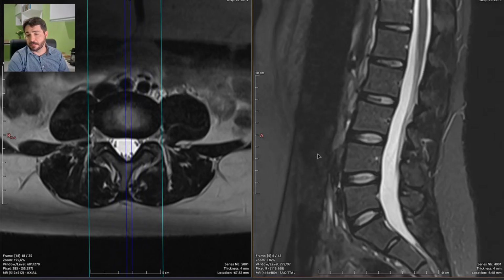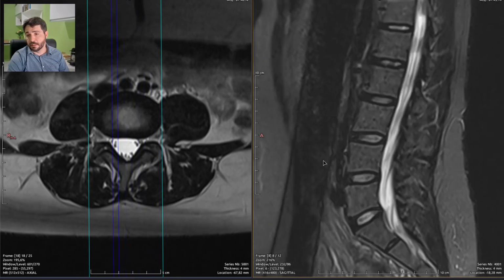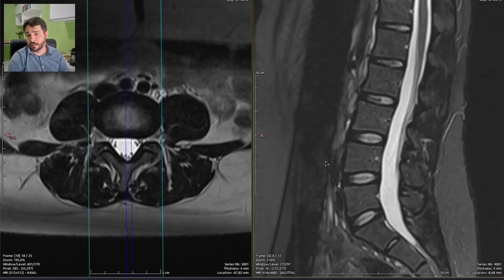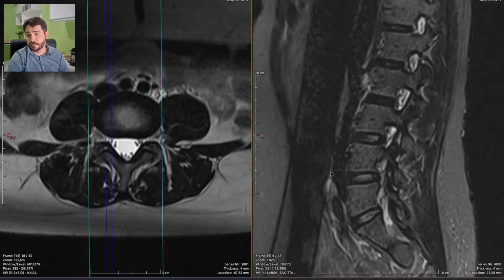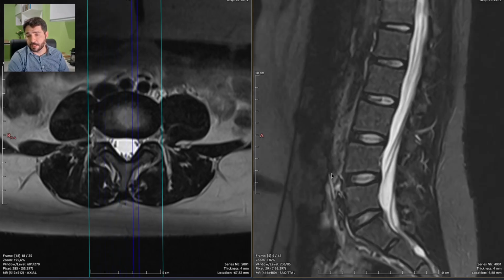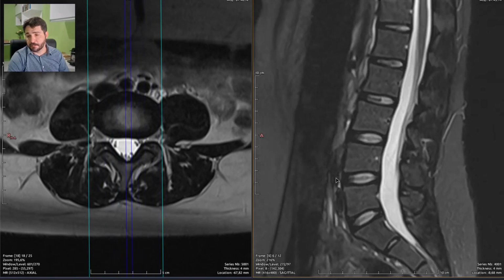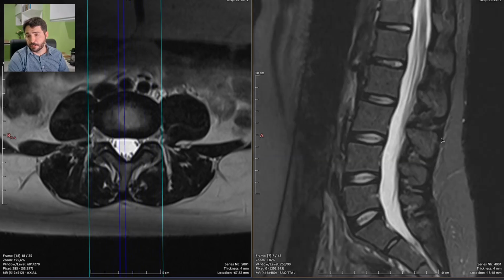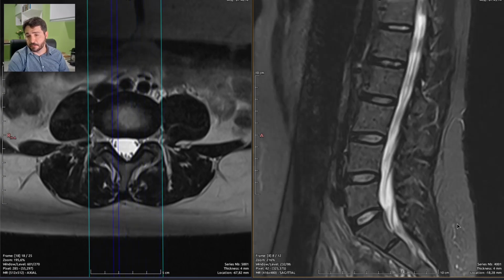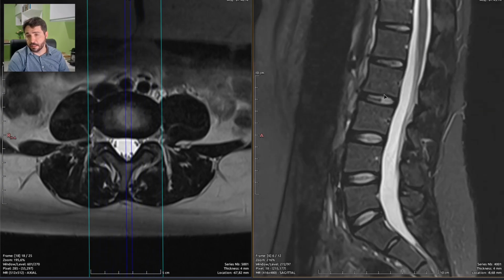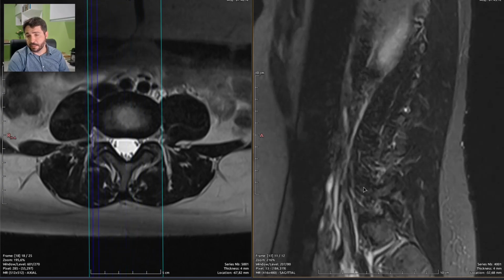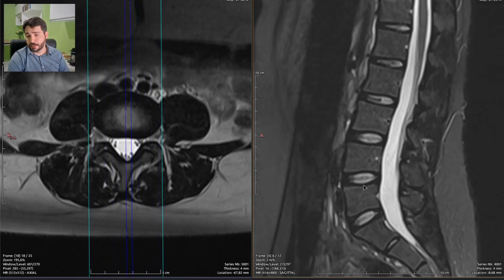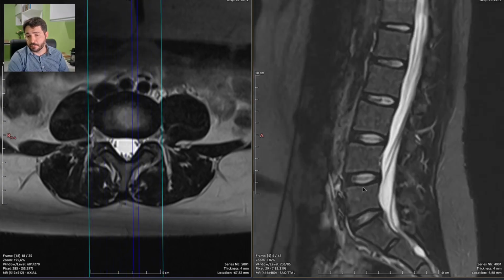Now, this is a STIR sequence. This is a T2 weighted sequence that has a recovery pulse, inversion recovery pulse, to saturate the signal of the fat signal, make it dark gray like this, and enhance any abnormal fluid, edema, tumor, or infection.